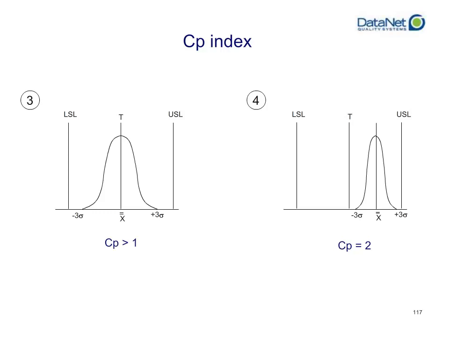Whereas if your CP equaled 1, as in the previous slide, and you were targeted perfectly on your center line, your X double bar, your grand average, you would not necessarily be in that case. So CP as an indicator is not enough to determine whether or not you are capable of producing the product that you are trying to produce for your customers.